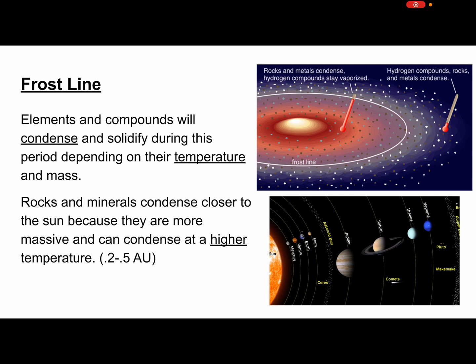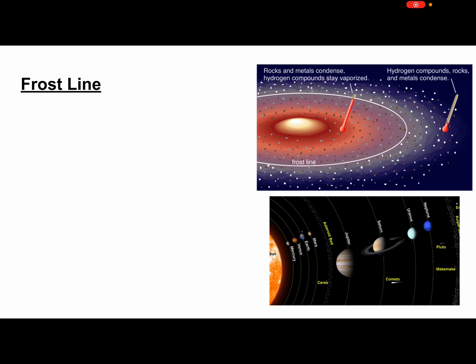Things like copper and gold and iron rocks have a heavier density, and so they're going to condense at higher temperatures. These things are real easy to condense. They don't take a real cold temperature.